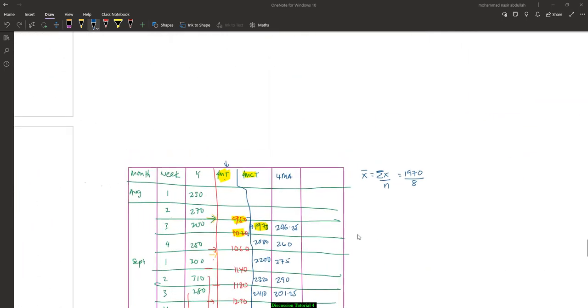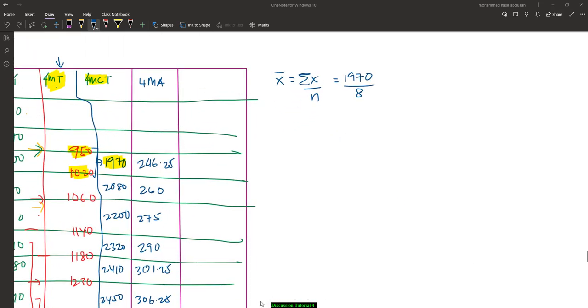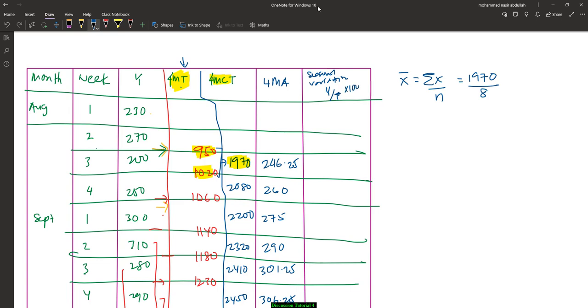So for seasonal index, the first step is we need to find the seasonal variation. So what is the formula for seasonal variation? Seasonal variation is Y divided by T multiplied by 100%. So this is the formula, right? Don't just do Y divided by T. You need to multiply by 100, right?